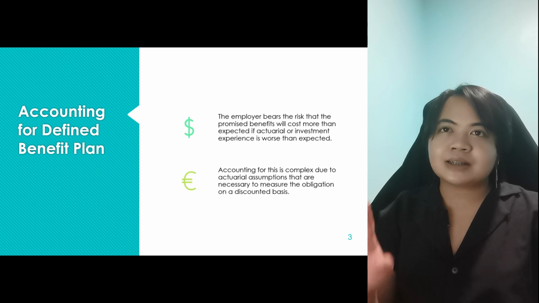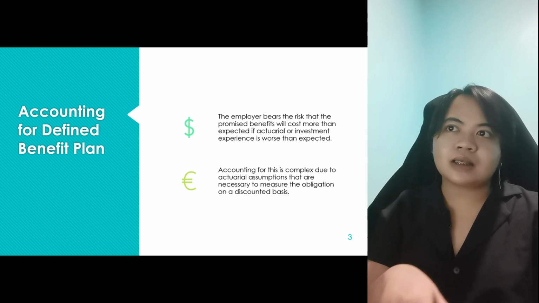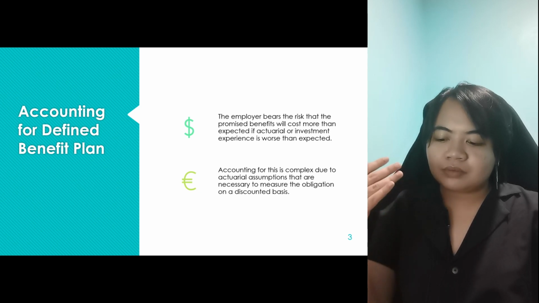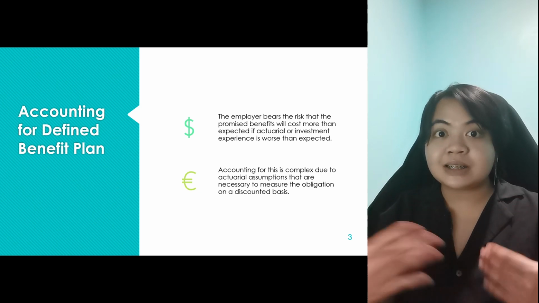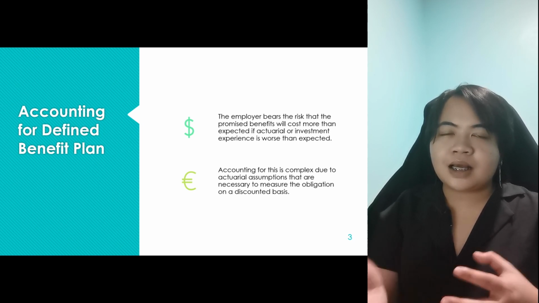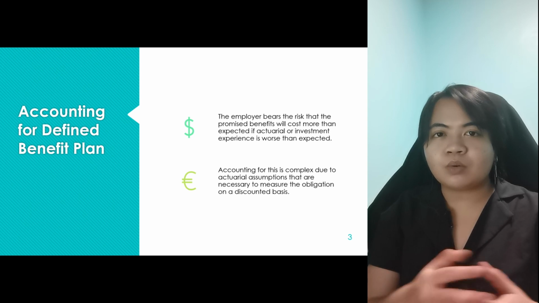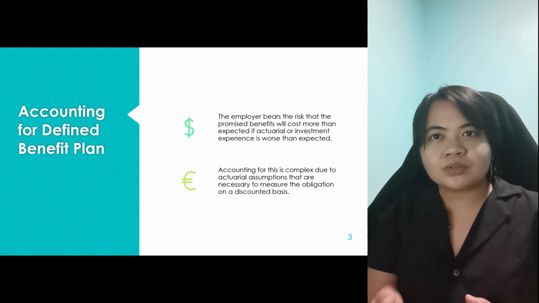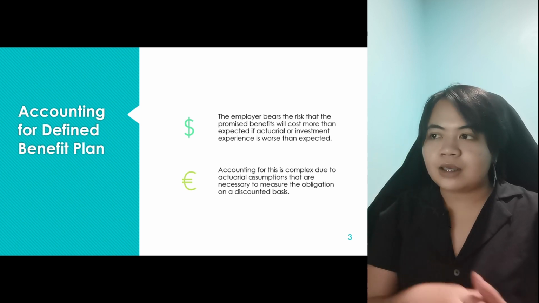So, alam natin na sa defined benefit plan, ang may risk dito is yung employer. Kasi kapag hindi niya na-meet yung definite amount na sinabi niya doon sa employee na matatanggap niya for the retirement, kailangan humugot siya from the working capital or sa bulsa niya mismo, para lang ma-meet yung amount na yon. So, yun yung risk niya. Okay?